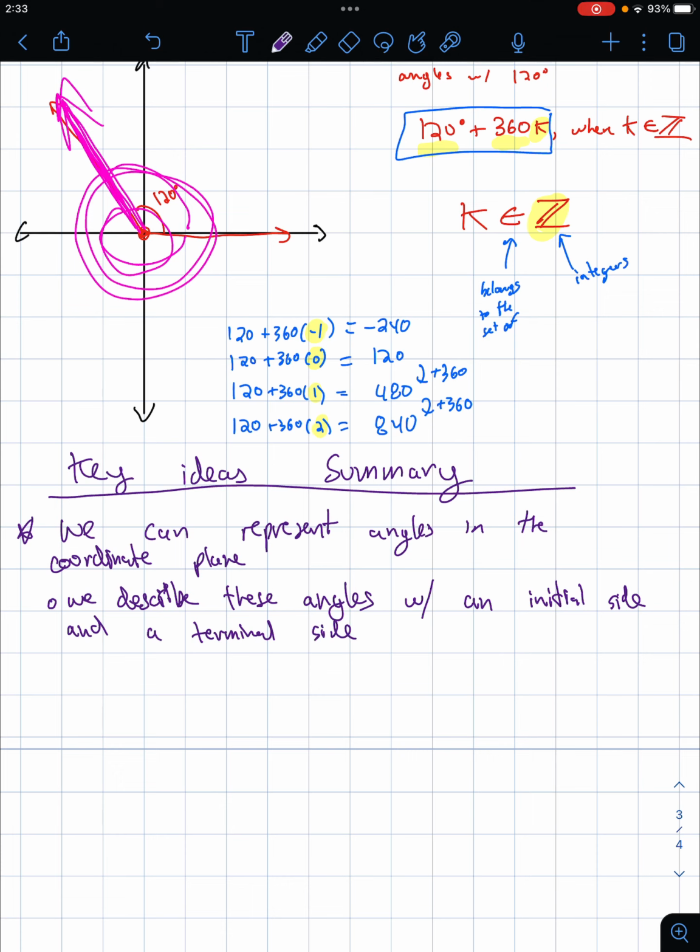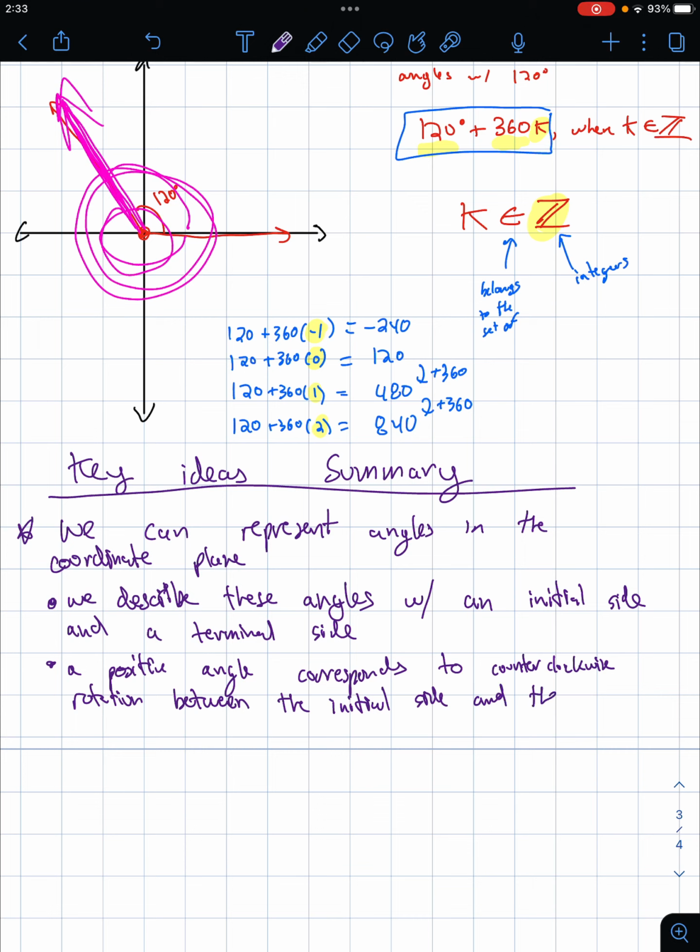A positive angle corresponds to counterclockwise rotation between the initial side and the terminal side. So if I have my initial side, terminal side, positive angle.